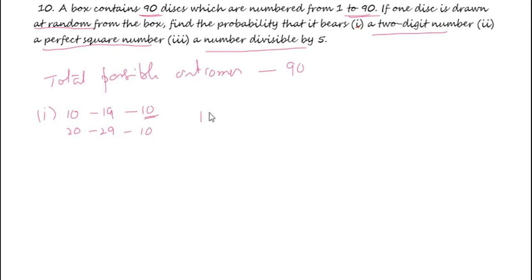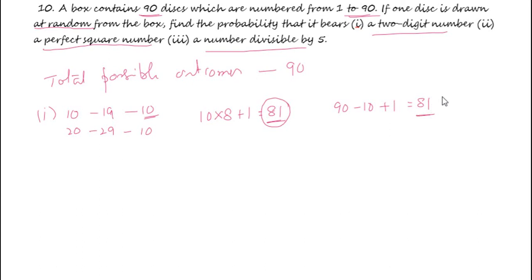So you have 10 into 8, then you have the number 90. So you have 81 2-digit numbers. Starting from 10 up to 90, you have 81 2-digit numbers. Or another way of calculating is 90 minus 10 and then add 1, that becomes 81.